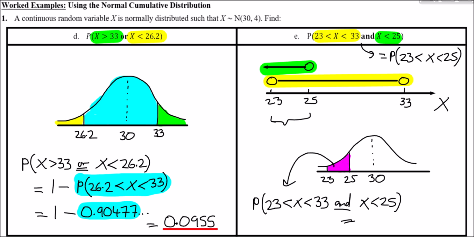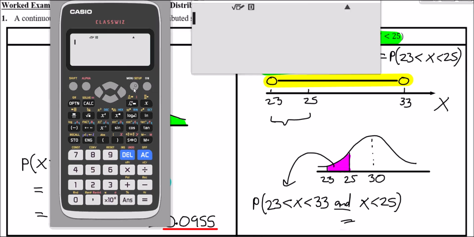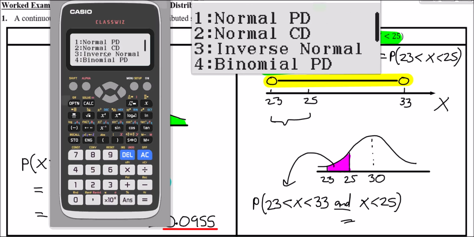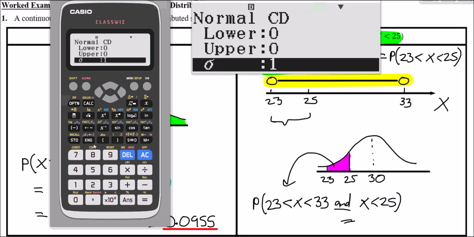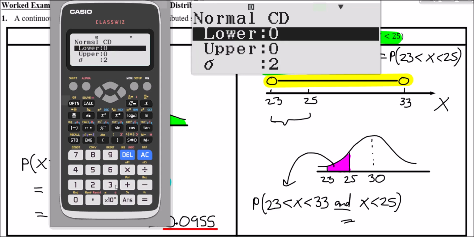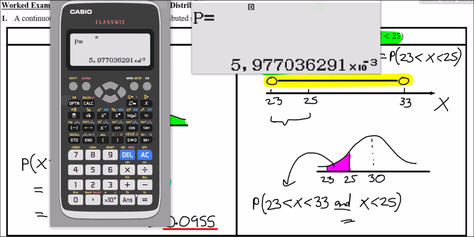So we get the calculator, type in the boundaries 23 and 25. So we go to menu, option 7, we go to normal CD. Standard deviation was 2 and mean was 30, of course. And then we type in that the lower is 23, upper 25, press equals and equals again. We get here a very tiny value of 5.977 times 10 to the minus 3.